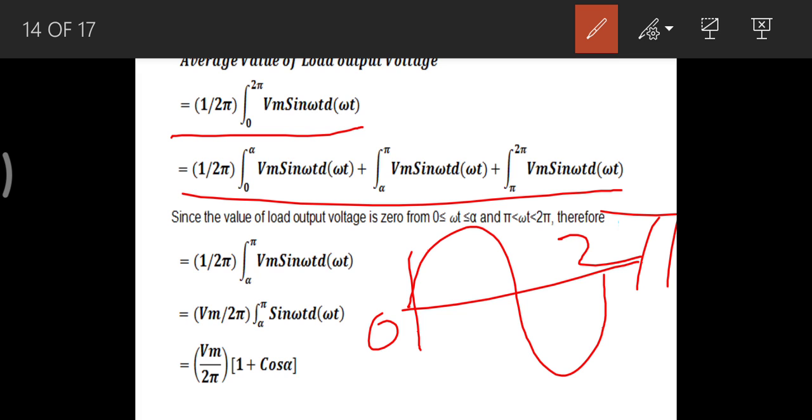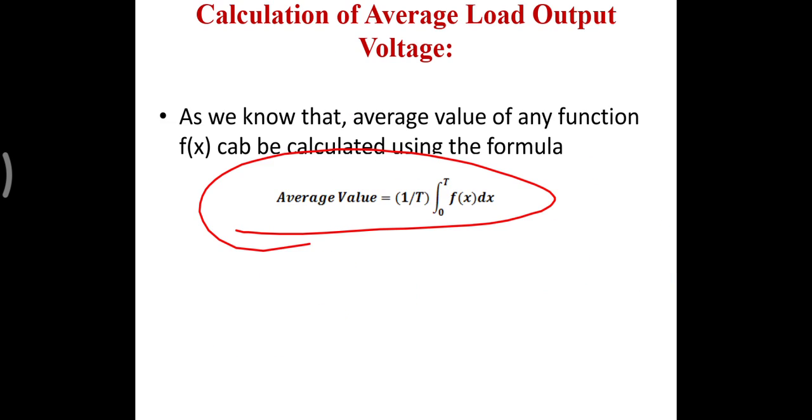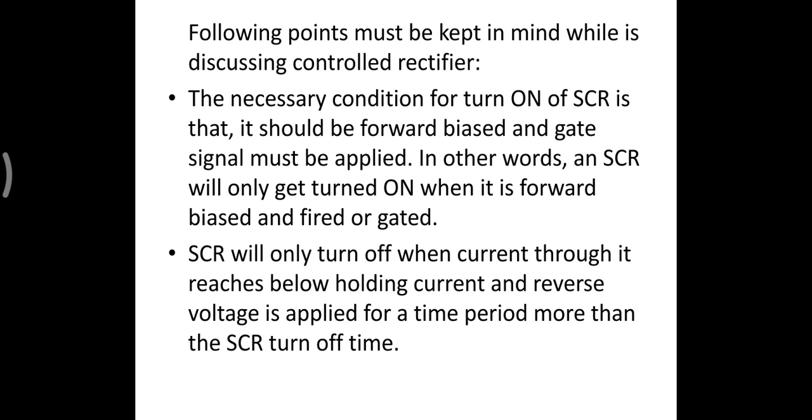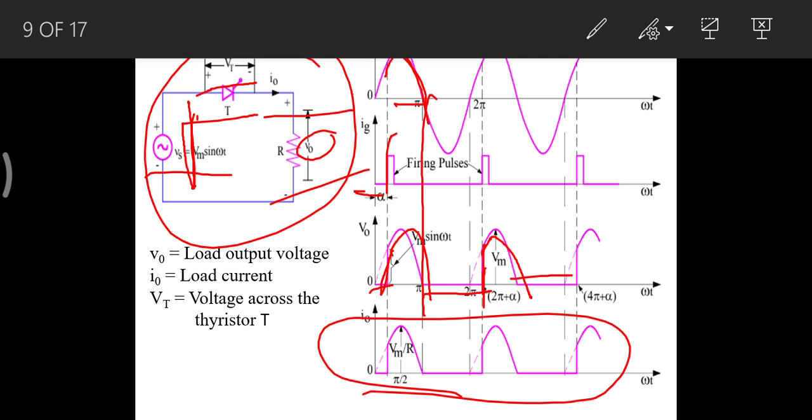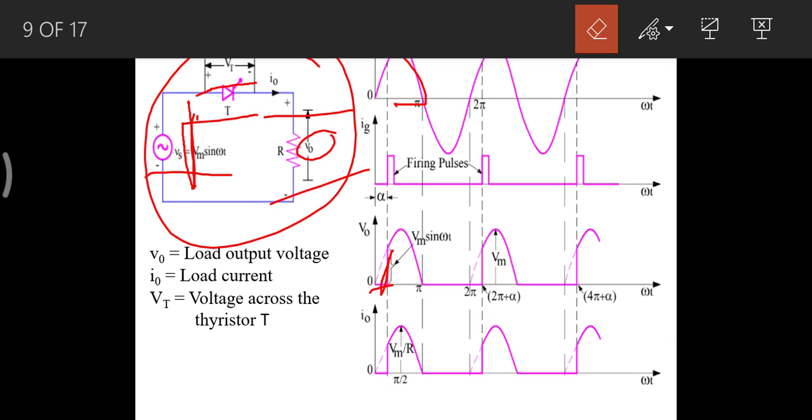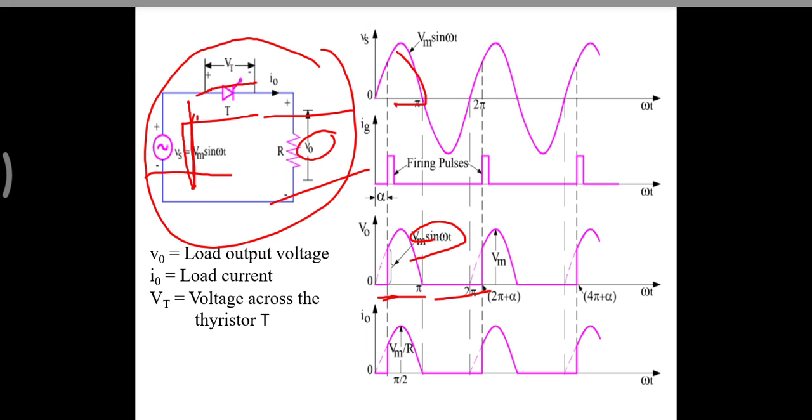See here what limits we considered. 0 to alpha: the waveform is 0. Next alpha to pi it is Vm sin omega t. Next pi to 2 pi it is 0.